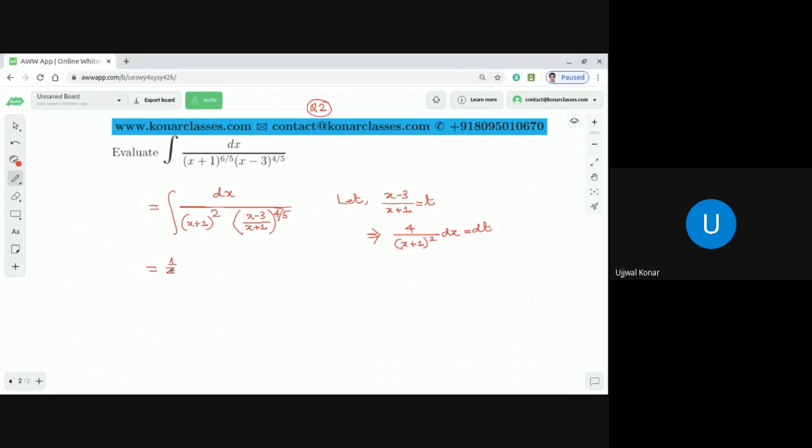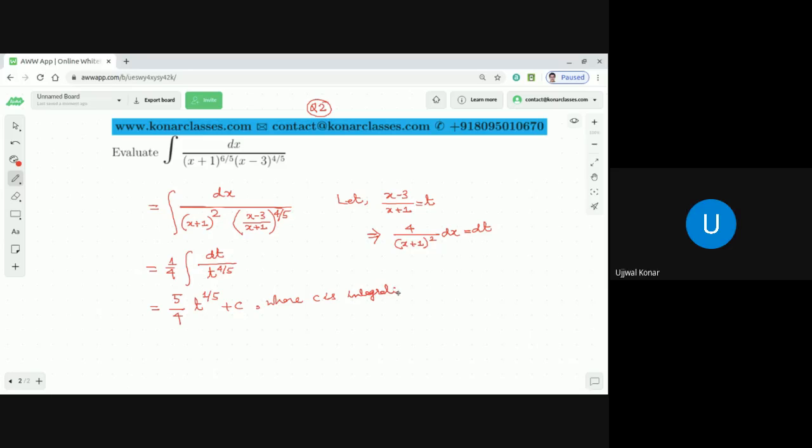1 by 4 integration dt by t power 4 by 5. After that, it is quite simple. So it should be t to the power minus 4 by 5 plus 1. 4 by 5 plus 1 means what? 1 by 5. 1 by 5 will go up, so it will become 5 by 4. 5 by 4 into t to the power 1 by 5 plus c, where c is the integrating constant.